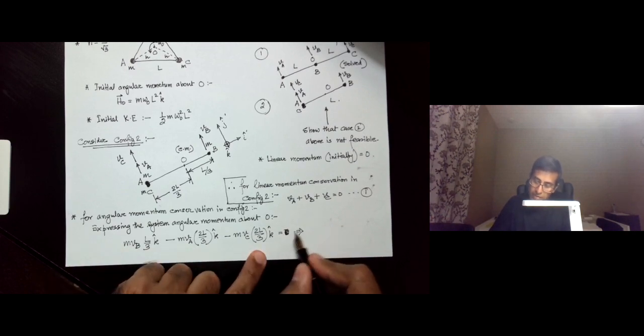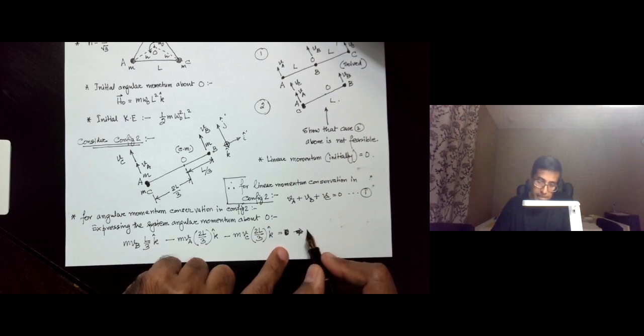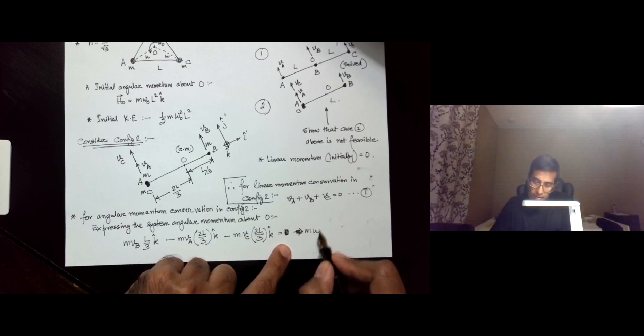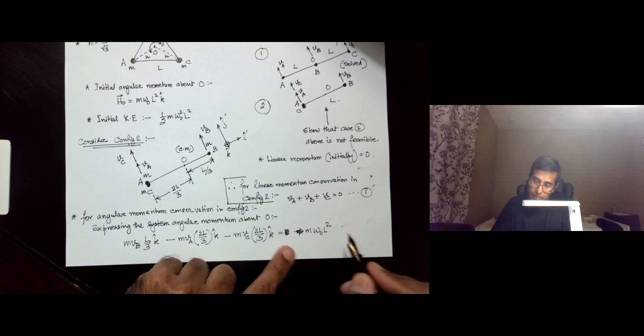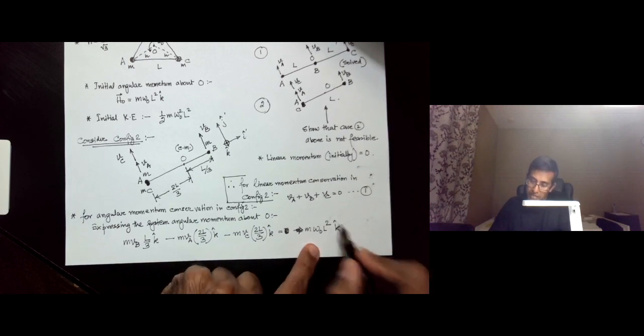This is not going to be equal to 0. This is going to be equal to the original angular momentum before AC snaps, so m omega naught L squared. And this was also in the k direction.